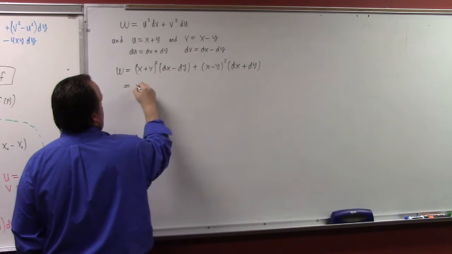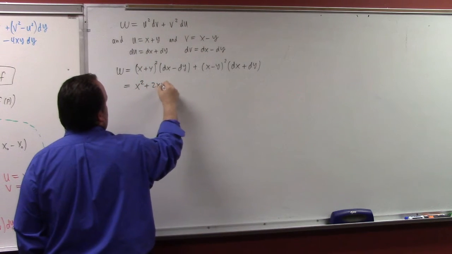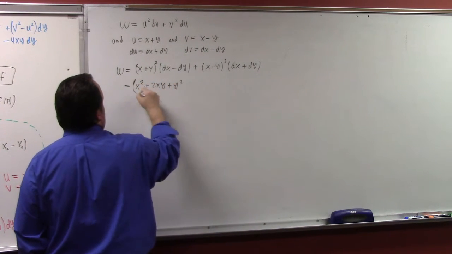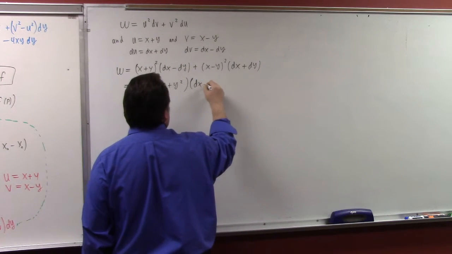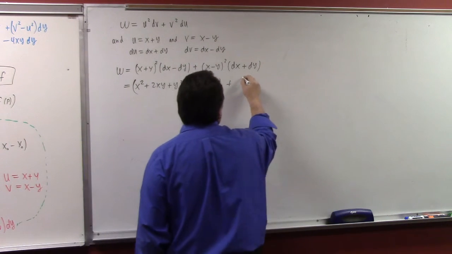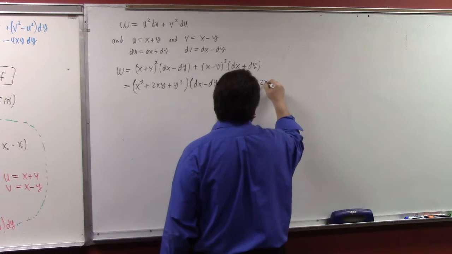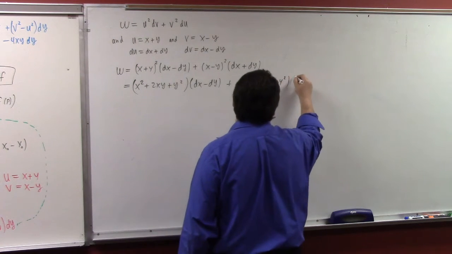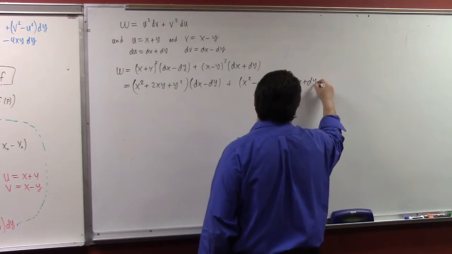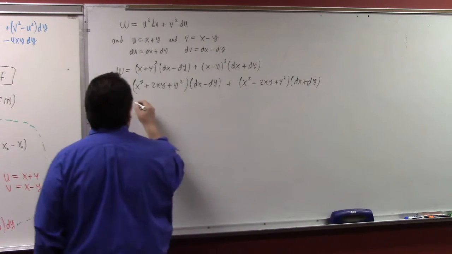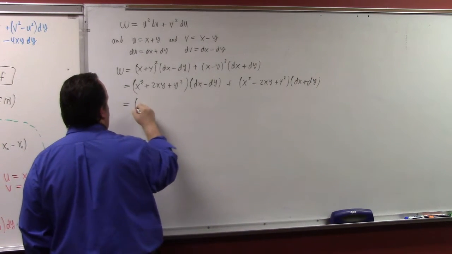And that is (x squared plus 2xy plus y squared) times (dx minus dy) plus (x squared minus 2xy plus y squared) times (dx plus dy). Let's collect our stuff together. We got ourselves a what?